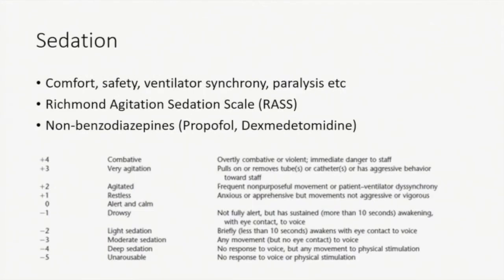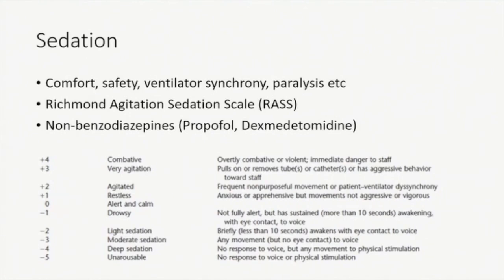The next is sedation, which is very important to consider in ICU patients. It's important for comfort and sometimes also for other indications, like to reduce ventilator dyssynchrony, or if the patient needs to be paralyzed for severe ARDS, for example, then it's important to sedate these patients.